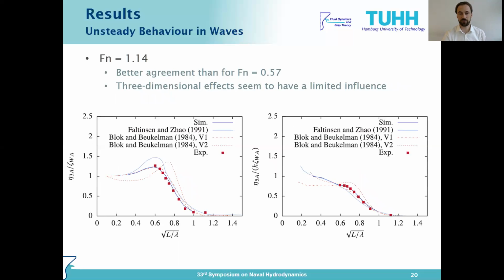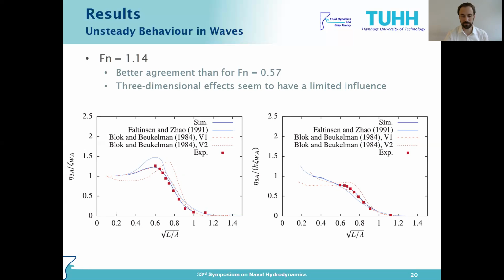On this slide, the results for Froude number 1.14 are presented, and actually the agreement is a little better than for the lower Froude number when we look at the results from the presented method, which correspond to the dark blue lines. Surprisingly, in this case, strip method version 1 seems to produce better results than version 2 does. And this partially motivated Koenig's work.